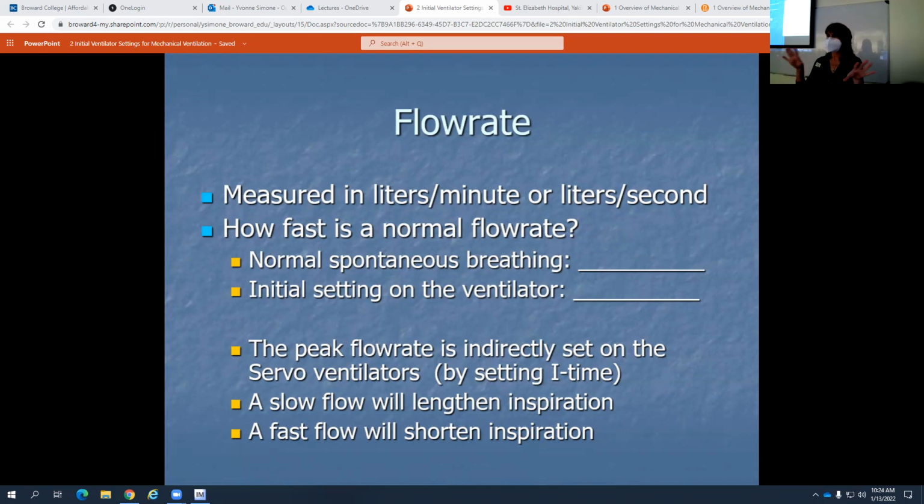So the 2 settings are connected on the ventilator. Whether you're setting the peak flow rate or you're setting the inspiratory time, the two of them are connected. And that's what I need you to remember for now. Changing the peak flow rate changes the inspiratory time. Maybe I should write that.